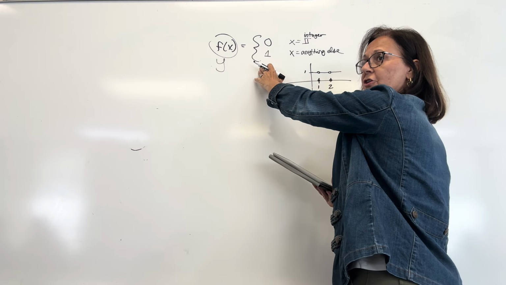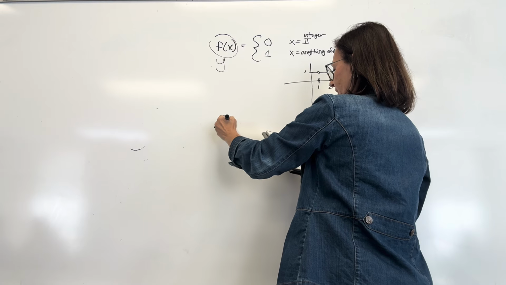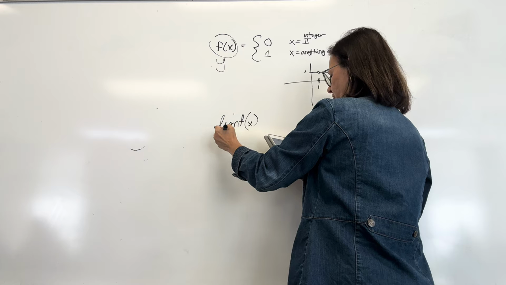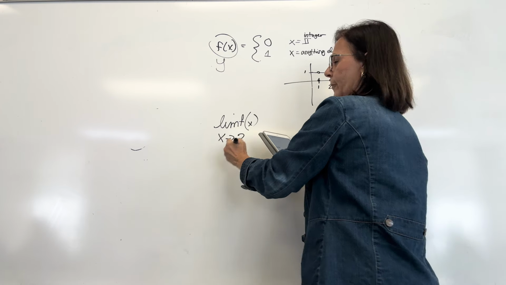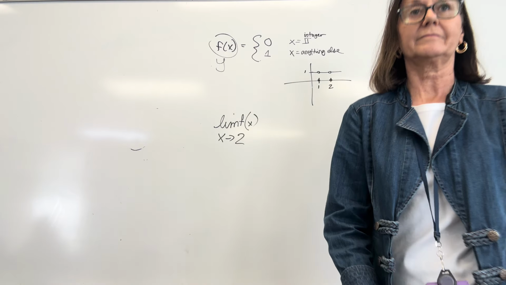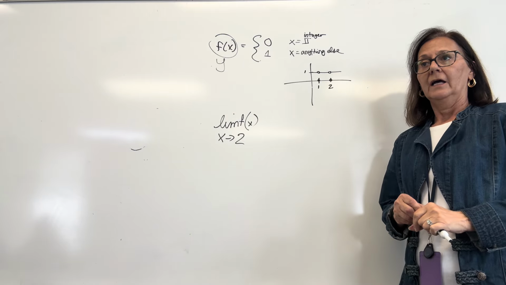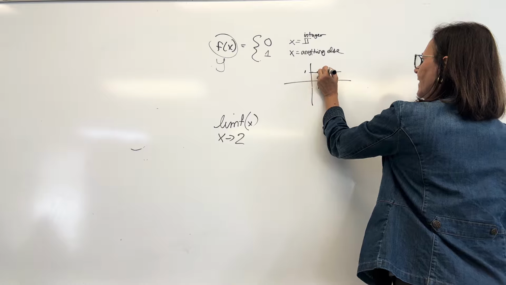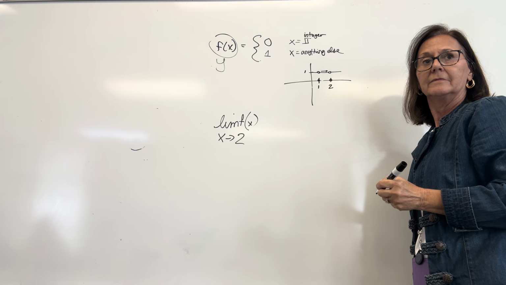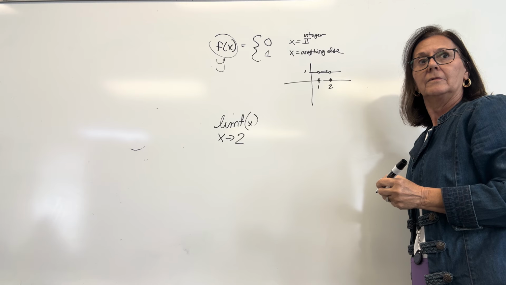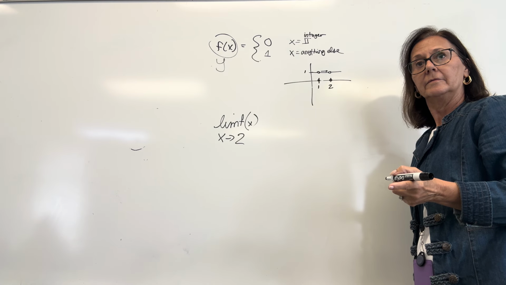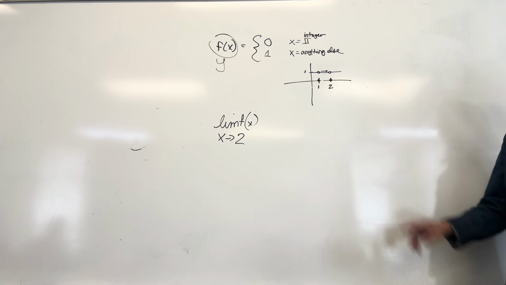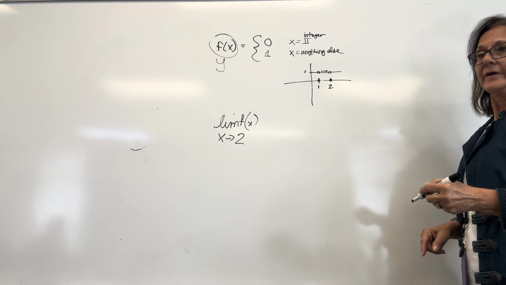Okay, so this is the function. What's the limit of f of x, this function, as x approaches 2? As we approach 2 from the left, what value is it approaching? One. It's approaching 1. I know, I should have drawn it bigger.